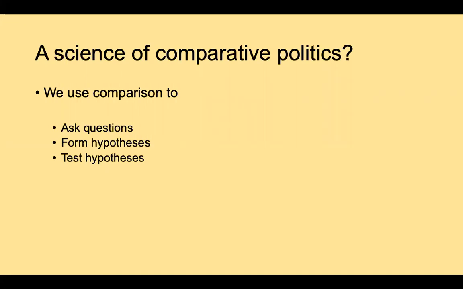And so comparative politics can be done scientifically, as we've agreed and discussed, but more specifically, comparative politics is scientific in the way that we use comparison to establish that standard and then ask questions, form hypotheses, and test hypotheses.